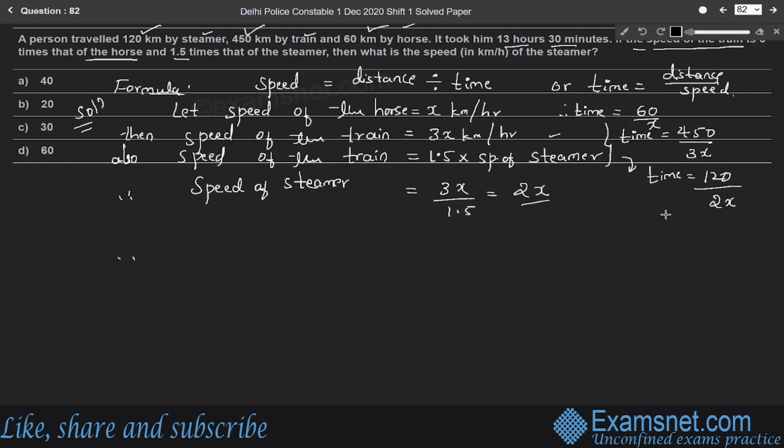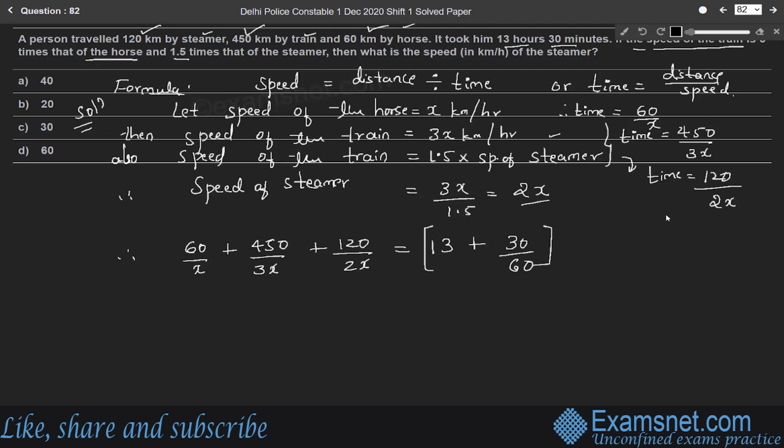Therefore, 60 by x plus 450 by 3x plus 120 by 2x is equal to 13 hours, 30 minutes. So let us express all these in terms of hours. 13 plus 30 minutes can be expressed as 30 by 60 hours.